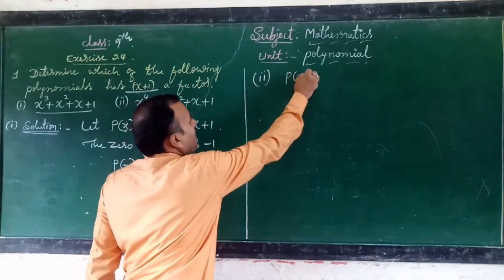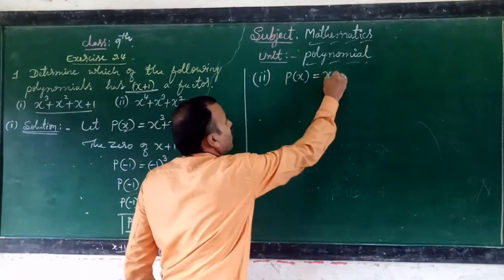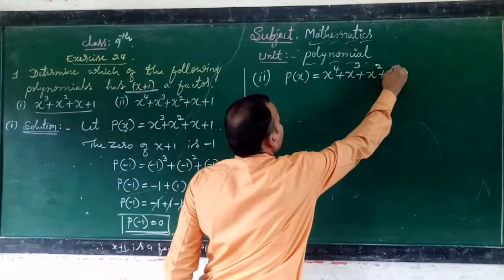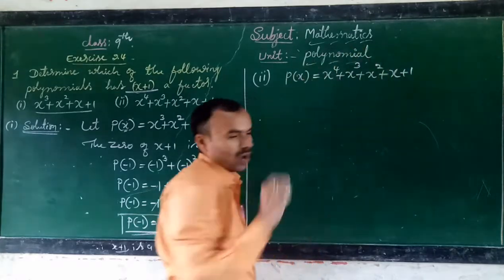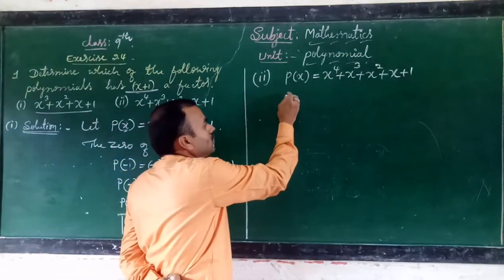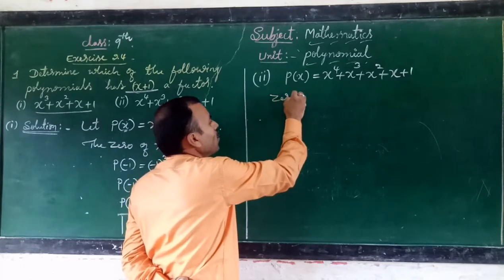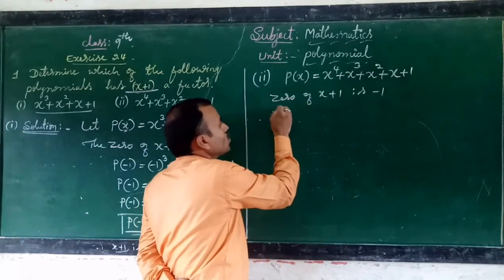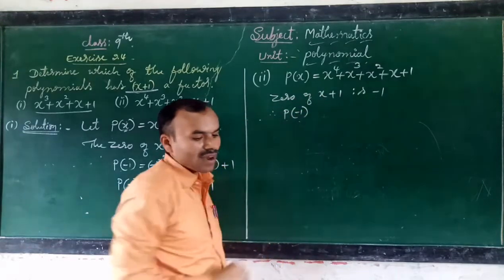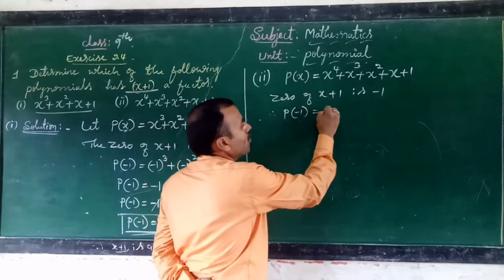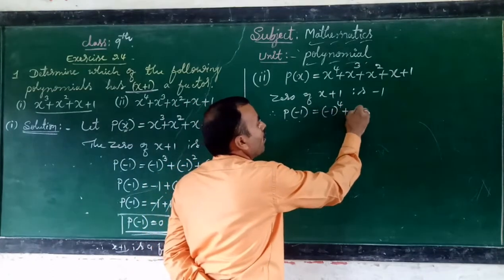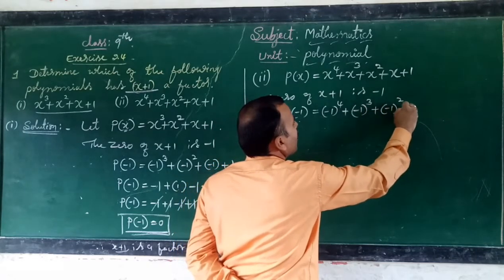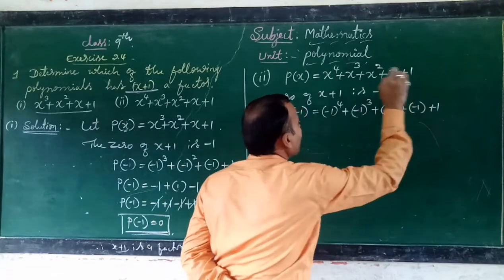Let p of x equals x to the power of 4 plus x cube plus x square plus x plus 1. Now put the zero of the polynomial. The zero of x plus 1 is minus 1. So put minus 1 instead of x: minus 1 whole to the power of 4 plus minus 1 whole cube plus minus 1 whole square plus minus 1 plus 1.